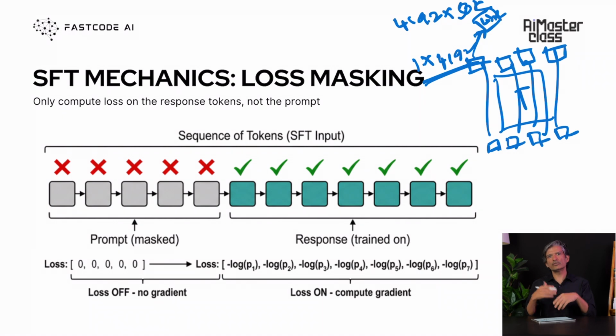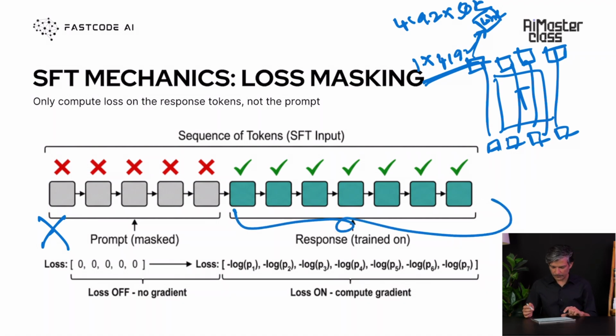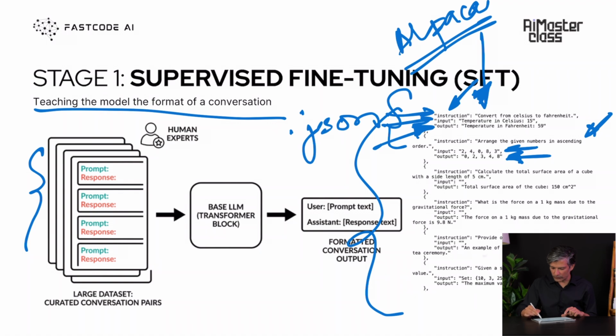If it's the wrong word, we minimize the cross-entropy error, the negative log of the correct class. And we do this kind of masking. For the prompt, we don't want to penalize the model if it does not output the prompt, because the prompt is just an input. What we want to minimize is the response, the output. So we only want to do it for the output.